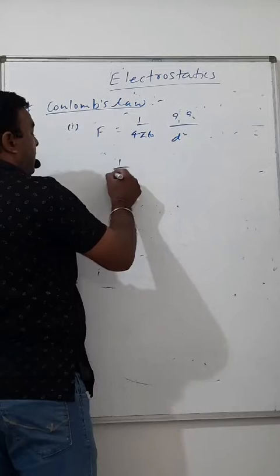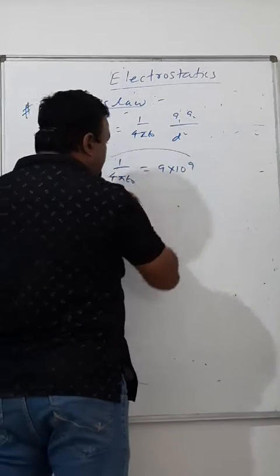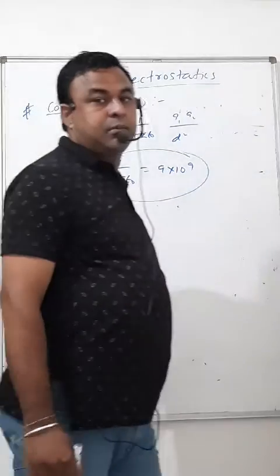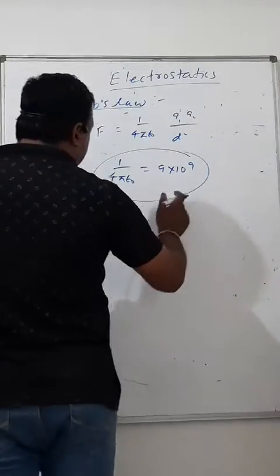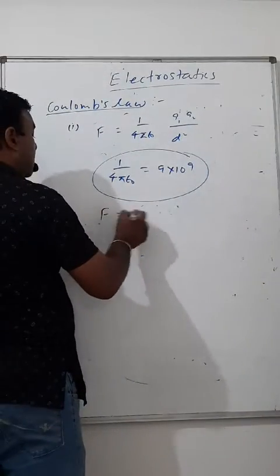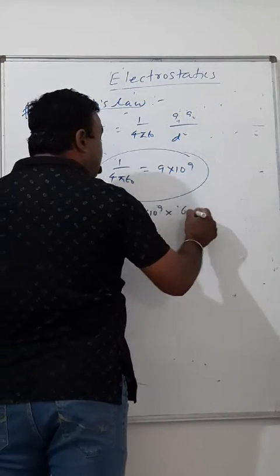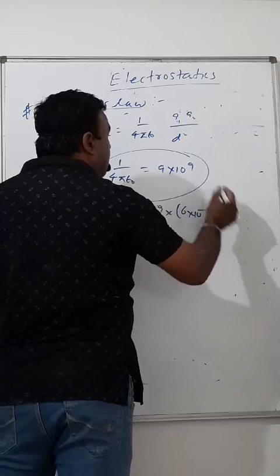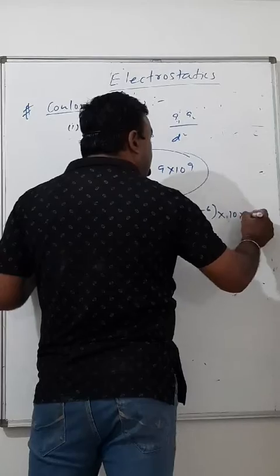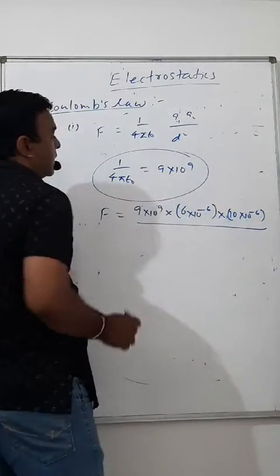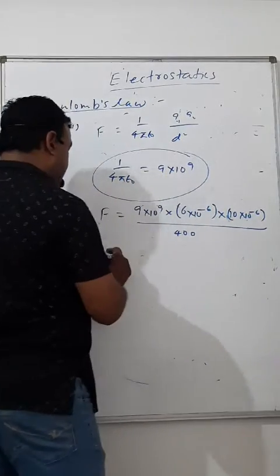First of all, let me tell you the value of 1 by 4 pi epsilon naught is 9 into 10 to the power 9. Units I'll discuss later. Q1 is 6 microcoulomb, Q2 is 10 microcoulomb. Distance is 20 meters, 20 square is 400.